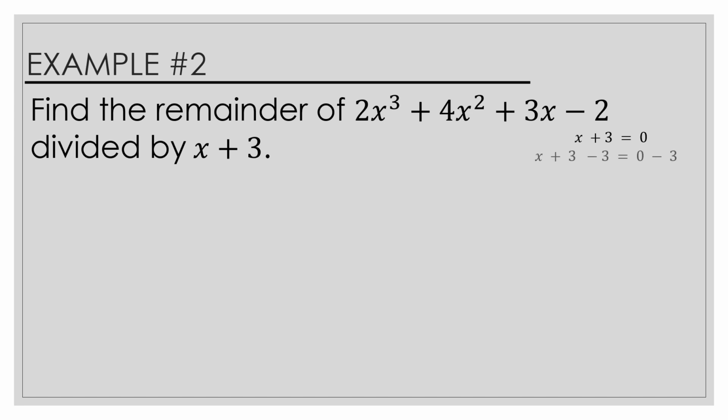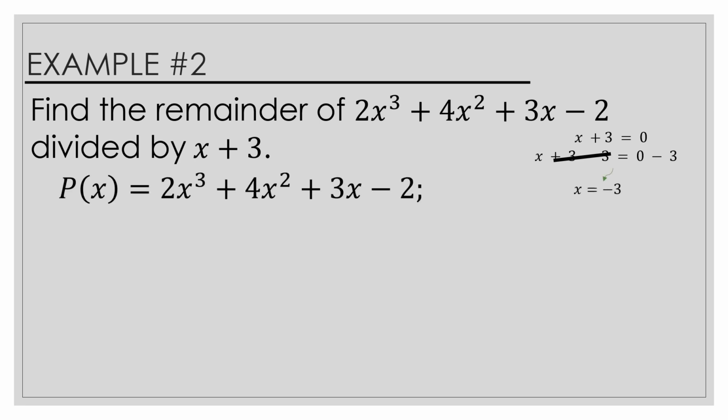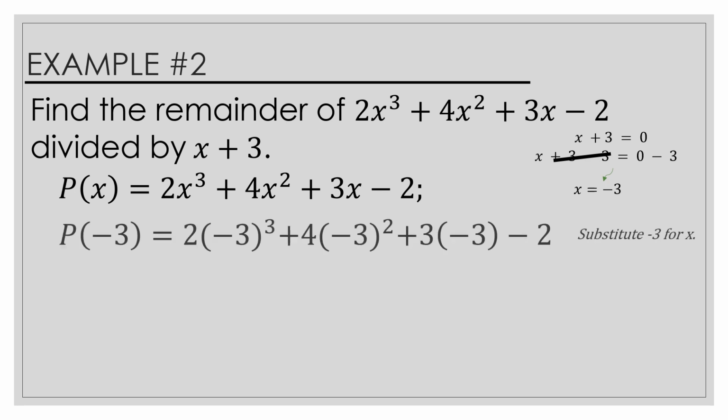That would give us x plus 3 minus 3 equals 0 minus 3. By cancelling out negative 3 plus 3, x will be equal to negative 3. Now, substitute negative 3 for x. That would give us p of negative 3 equals 2 times negative 3 cubed plus 4 times negative 3 squared plus 3 times negative 3 minus 2.